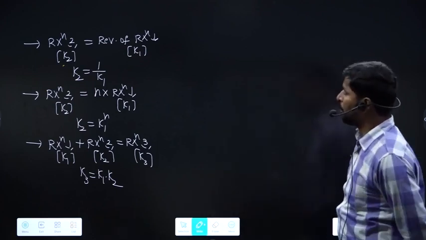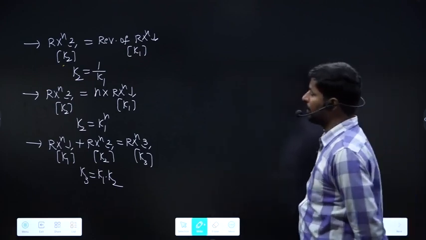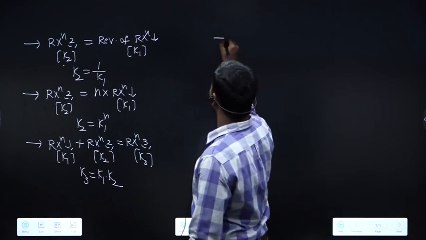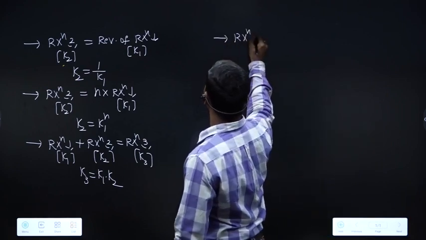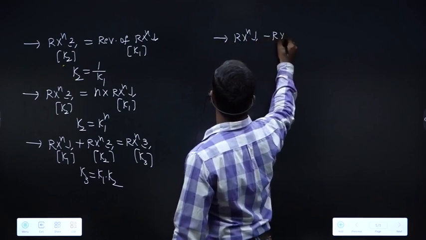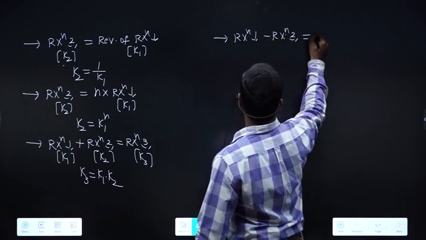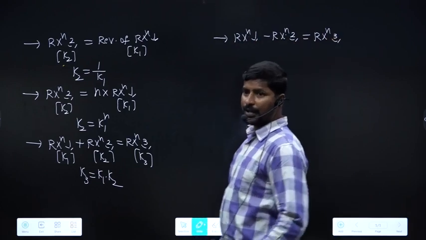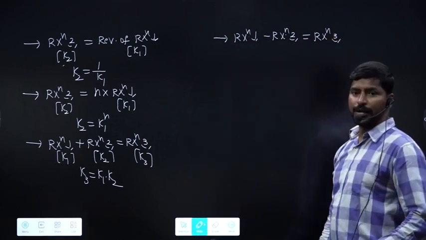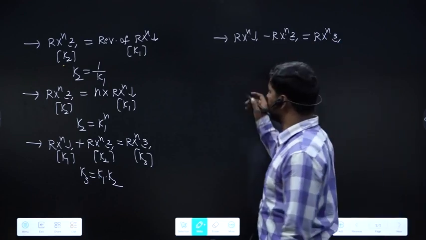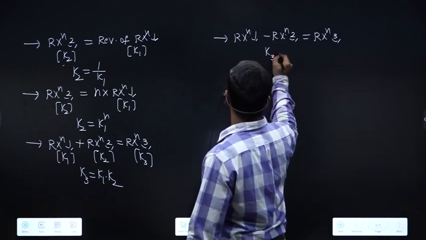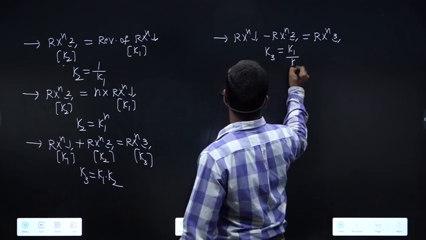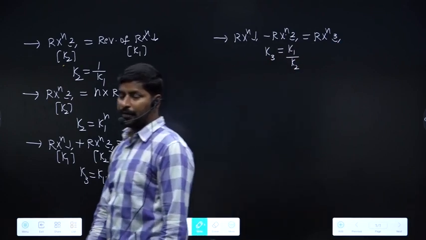Next, if reaction 1 minus reaction 2 gives reaction 3, what is the expression we have? K3 is equal to K1 by K2.